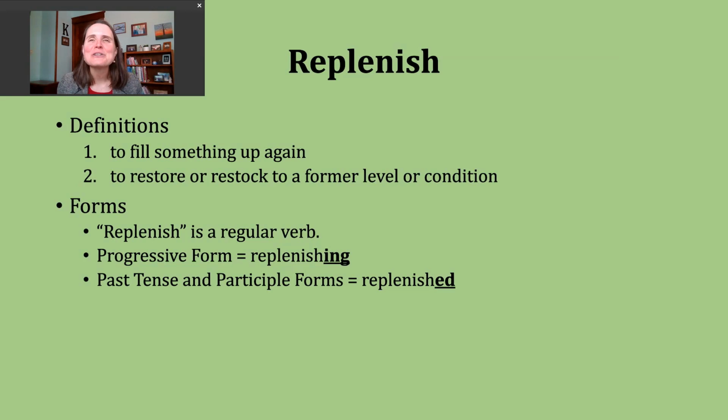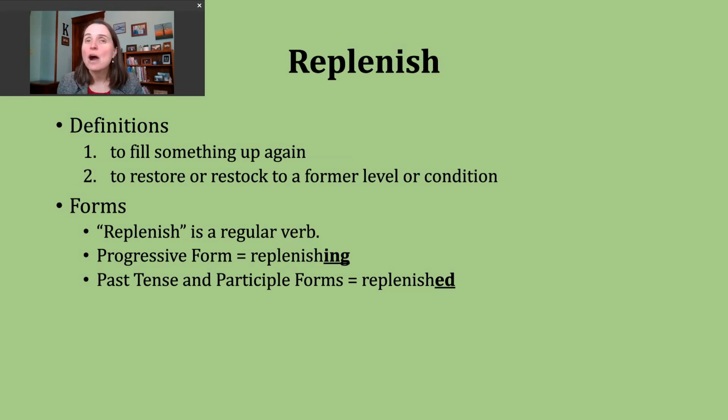For now, you should know that the verb replenish is a regular verb. To make the progressive form of this verb, all you need to do is add ing to form replenishing. The past tense and participle forms of this verb can be made by adding ed. Our base verb, replenish, ends with an unvoiced sh sound.